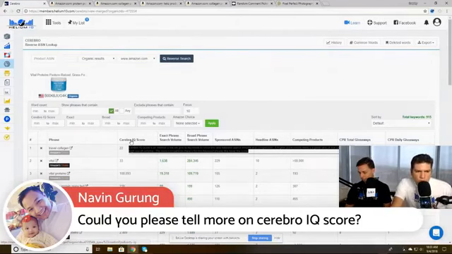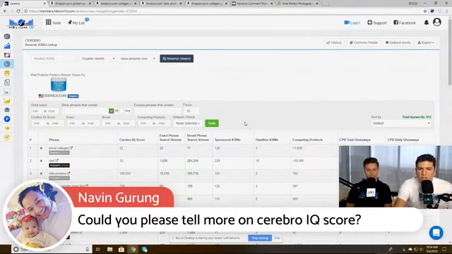It says Cerebro IQ score is an internal score we give to keywords to show the ratio between search volume and competition. A higher score means there is a good ratio of low competition to high search volume. The more competition there is for this keyword phrase, the lower the score. So as you can see here, this Cerebro IQ score is very, very low because there's only 22 people searching for it a month, and there's over 1,000 people who have that in their listing.